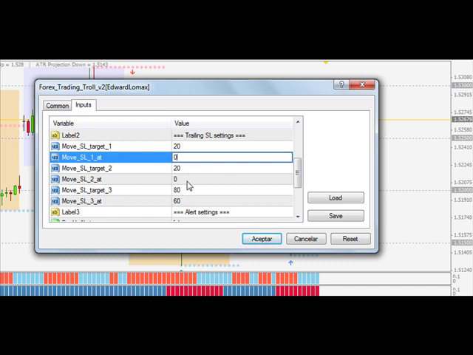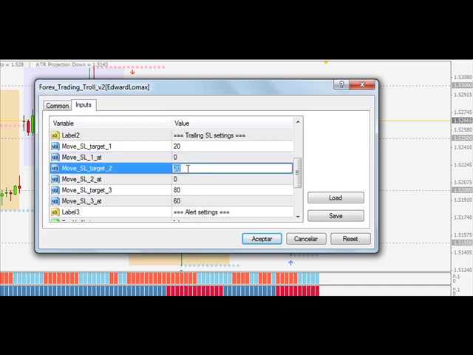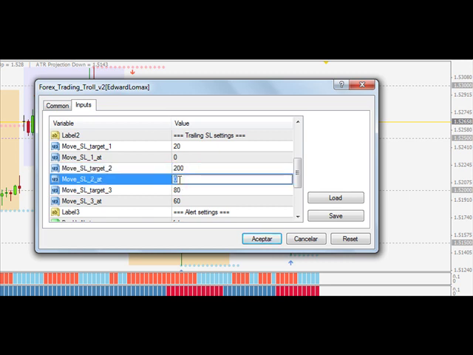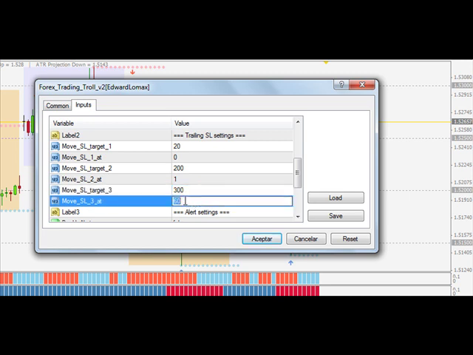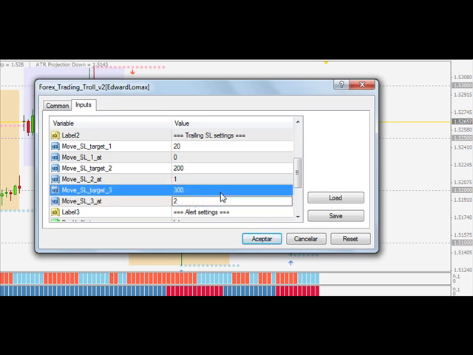So what do you do? Don't set all this to 0. Set it to a higher pip value. So let's say you could set this to 200 if you want. At 200, you want it to move to 1. And at 300, you want it to move to 2.